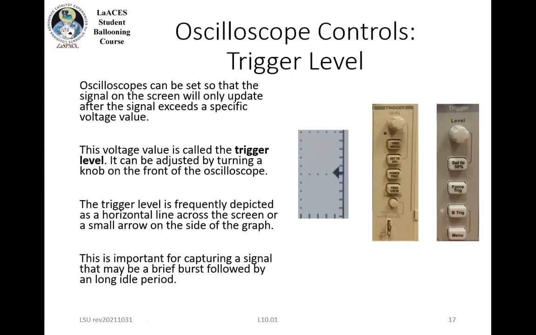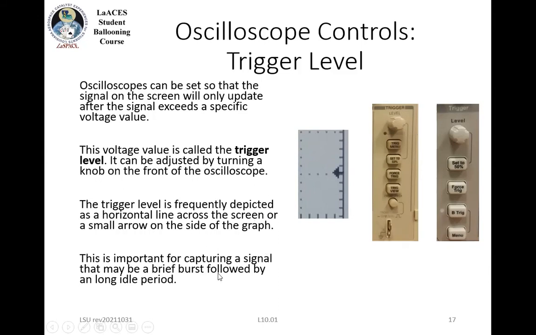And what this will look like is you'll usually have a little arrow on the right side of the display. As you adjust it up or down using this knob, you'll get a horizontal line that'll appear.